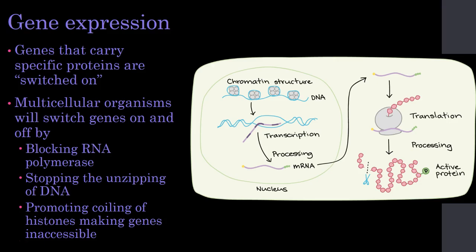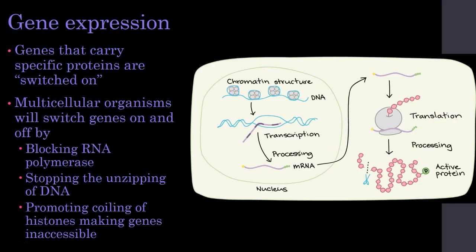Now, there are several ways in which organisms can switch genes on and off. They can either block the RNA polymerase, which means that transcription won't occur, or they could stop the unzipping of the DNA, so you can't even form a messenger RNA.